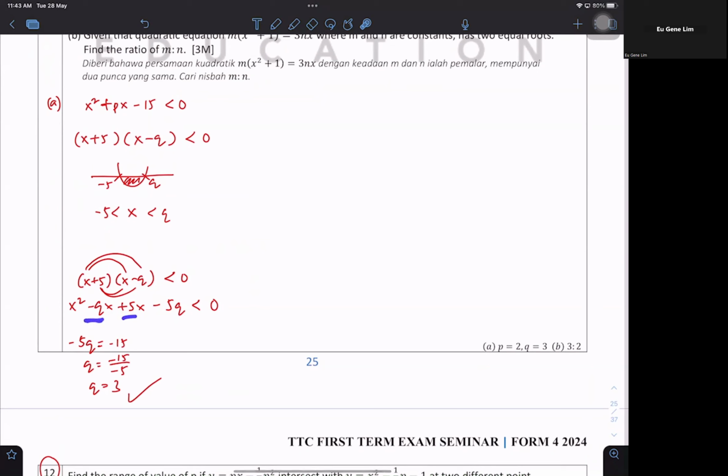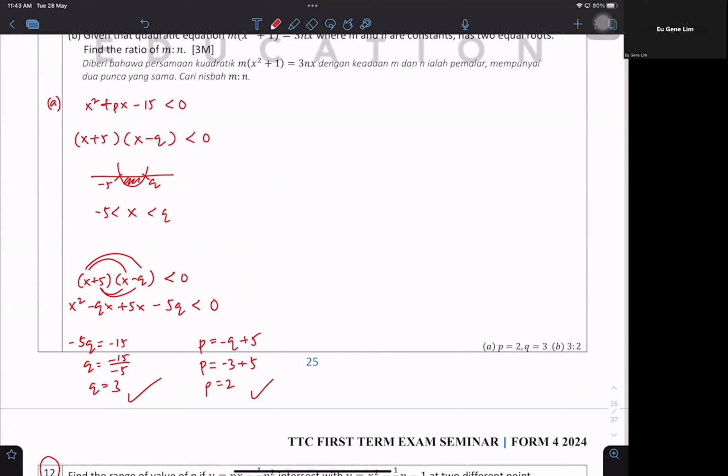Negative q plus 5 equals p. So p equals negative q plus 5, and q is 3, as we found just now. Then p is 2, done. Understand?